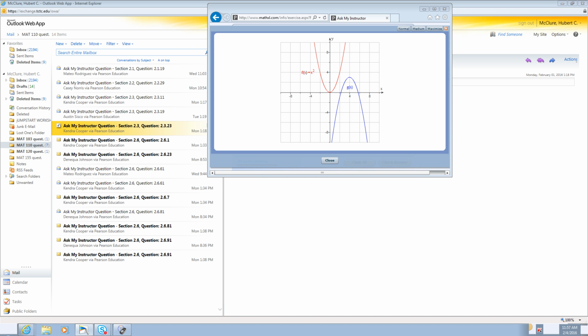The opposite direction. So that's what the negative is. So your final answer should be f of x, or g of x, whatever, is equal to negative x minus 4, quantity squared, plus 3.